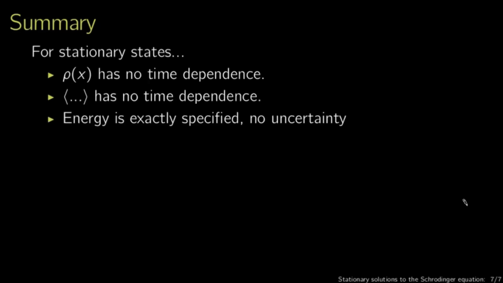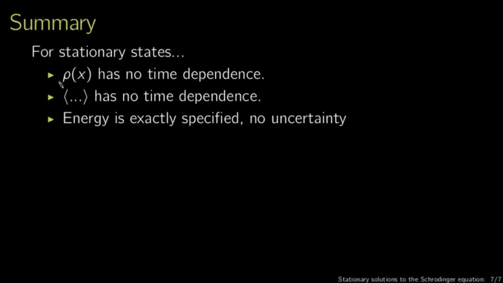Just to summarize things, for these stationary states, the probability density has no time dependence. The time-dependent part cancels itself out when you're calculating the probability density. Expectation values of any operator that we're going to be concerned with in this class also have no time dependence.